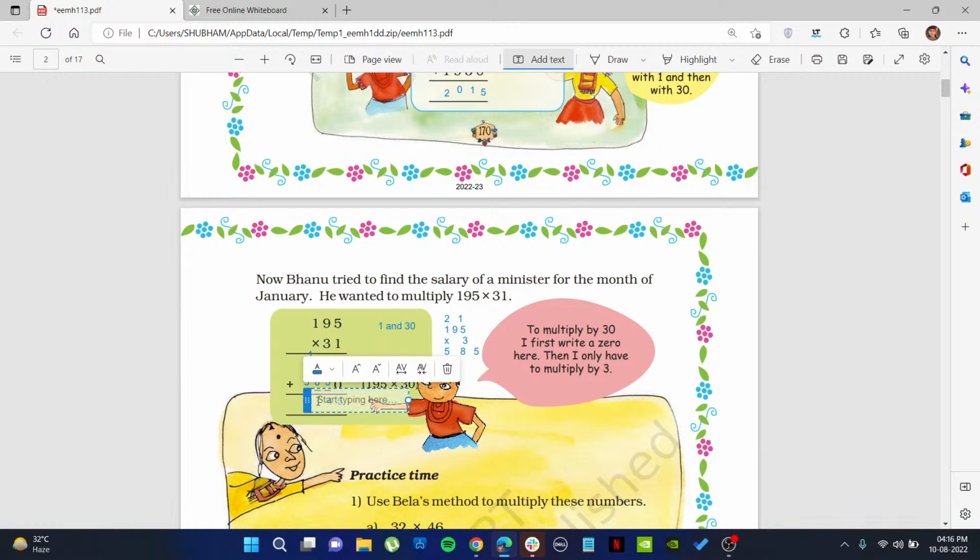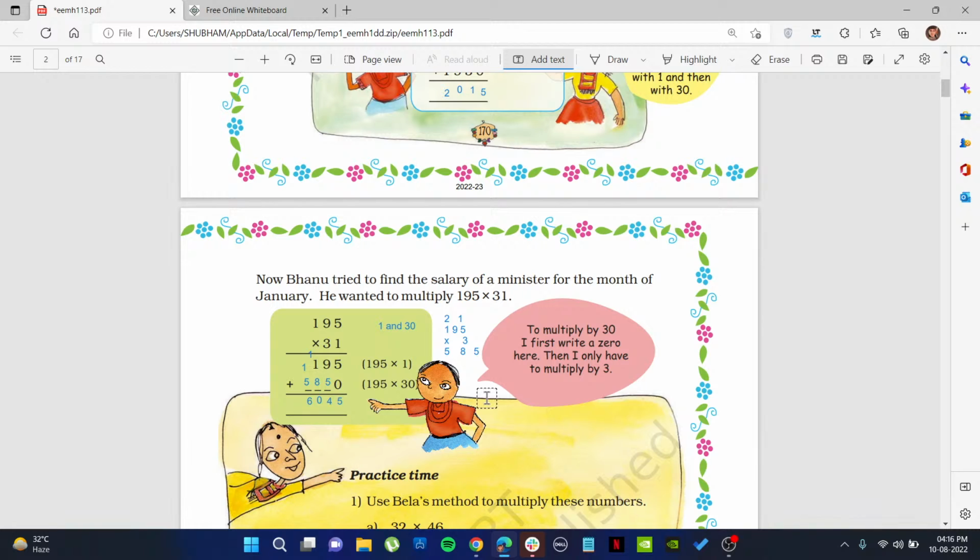So we'll be writing 0 here, and again 1 will be regrouped to this 5, and 5 add 1 gives us 6. So our final answer for this multiplication is 6045. So 6045 rupees is the salary for minister for the month of January.